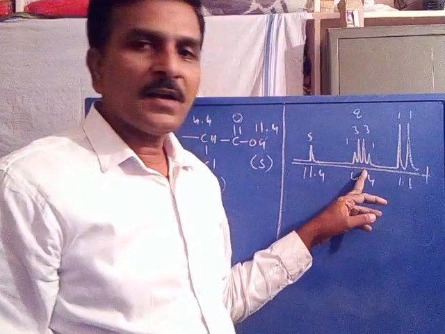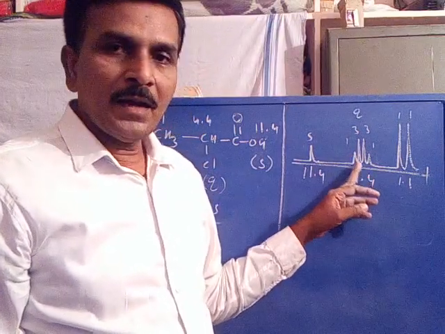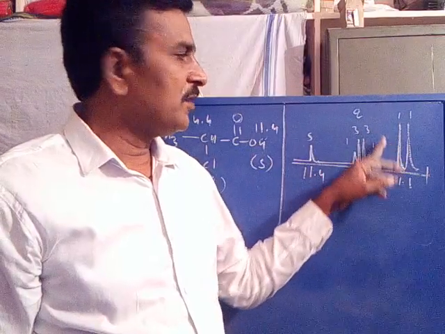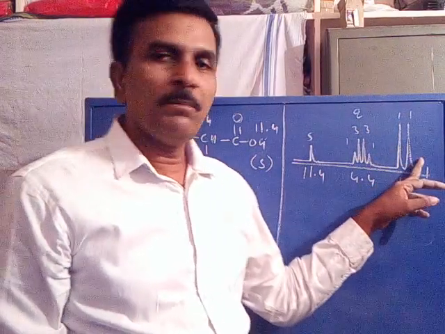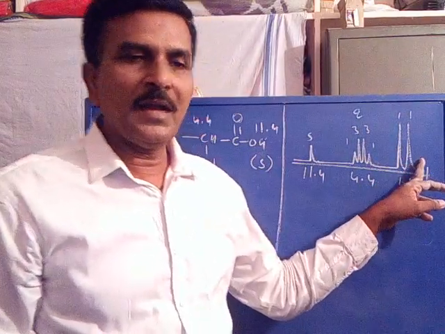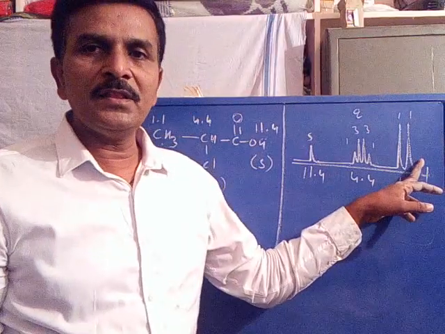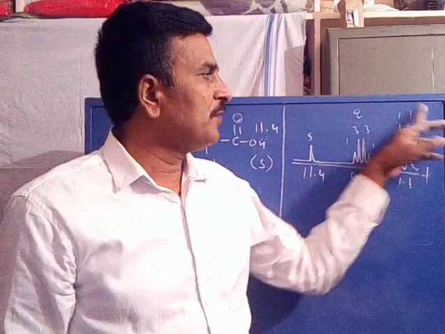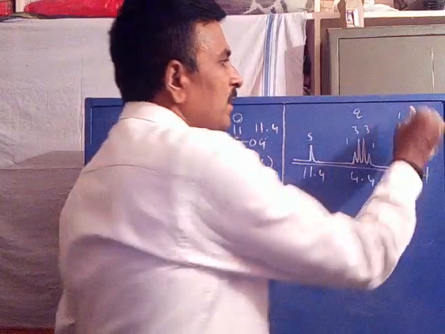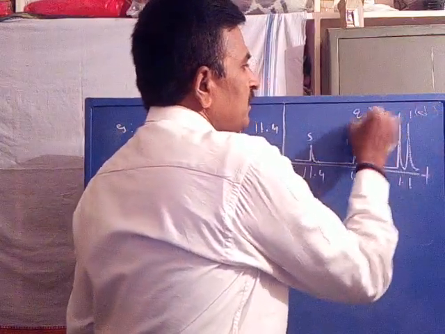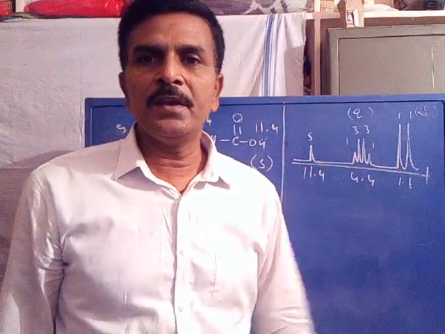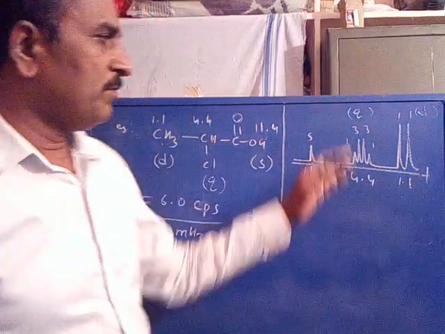Now this is the quartet signal, and according to the n+1 rule it appears as a quartet with 1:3:3:1. According to the n+1 rule, the CH3 appears as a doublet as it is coupled only with its adjacent CH proton. Therefore it is a doublet, and the doublet should be 1:1. This is the doublet signal. So the simple n+1 rule and simple intensity rule were followed.